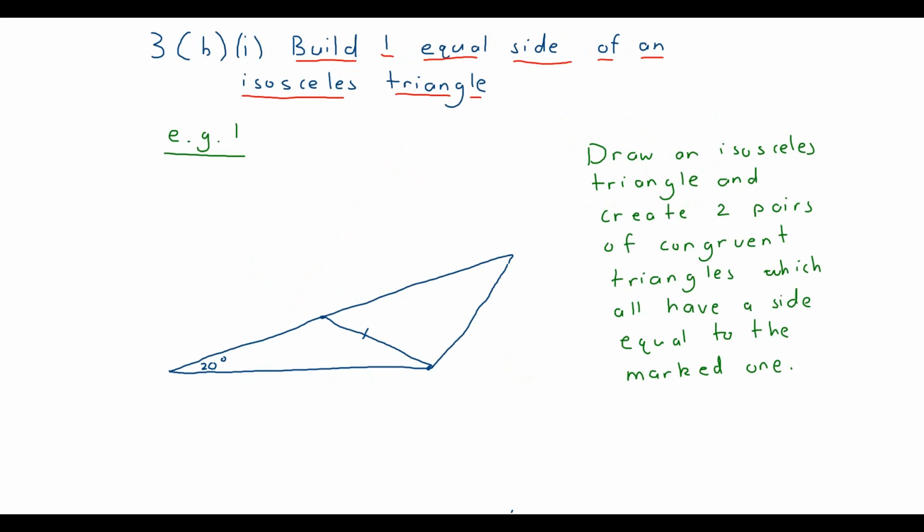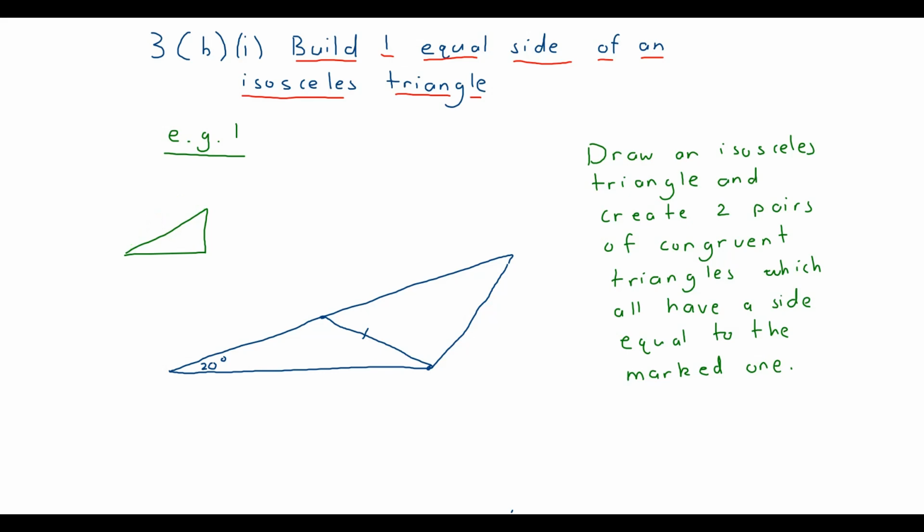So in this one, we're going to be constructing an isosceles triangle, and we're going to build one equal side of an isosceles triangle. So what that means is, let me show you here. If I have a random triangle like this, what I do is I nominate one of the sides to be an equal side, and then I build an isosceles triangle off it like that.